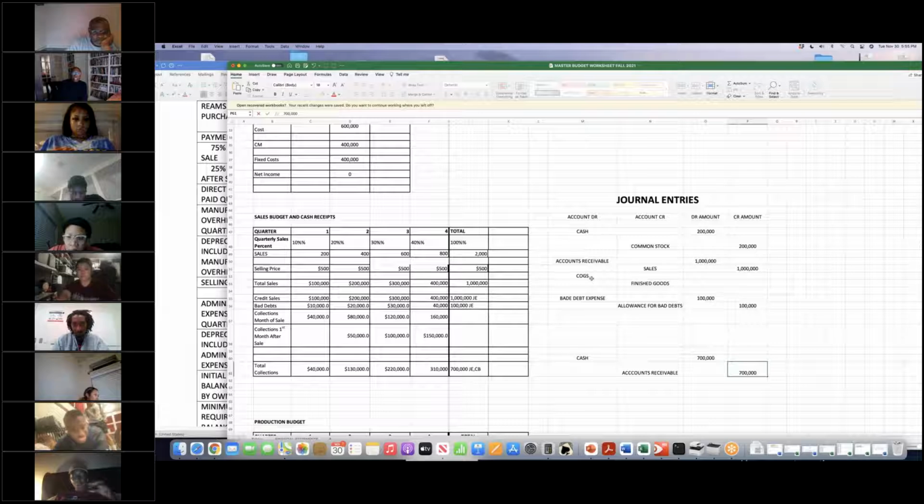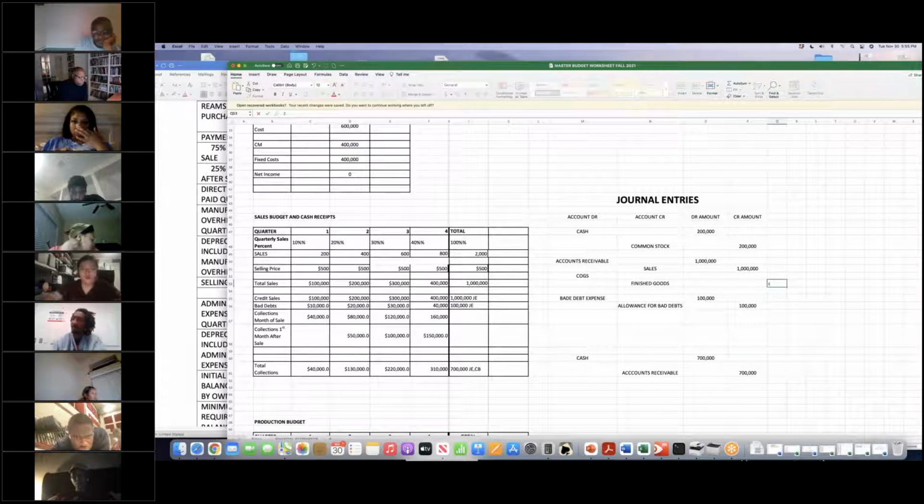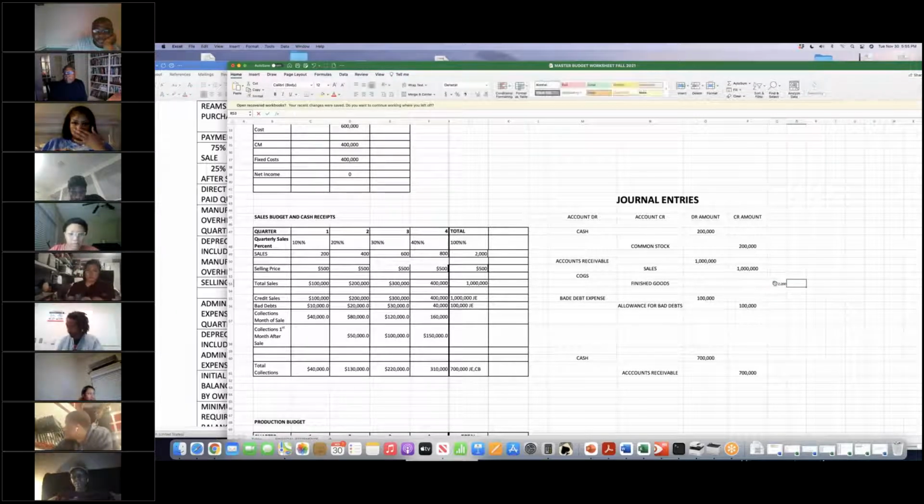Now we know that when we sell goods, we also have to debit COGS and credit finished goods. We don't have any raw materials or work in process left; we're using it all. But in finished goods, we're going to take the 2,000 that we sold and multiply that 2,000 times what?